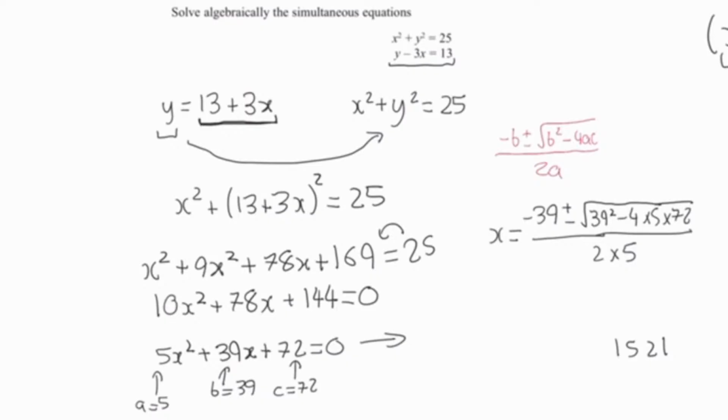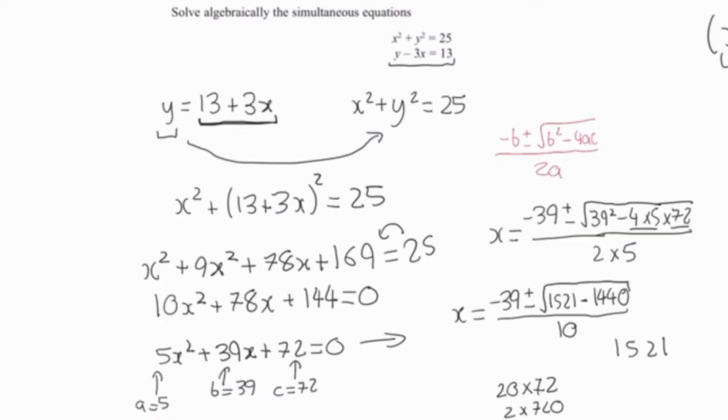What we have here is x equals negative 39 plus or minus the square root of 1521 take away 4 times 5 times 72. So that's 20 times 72, which is the same as 2 times 720, which is 1440. And that is being divided by 10.